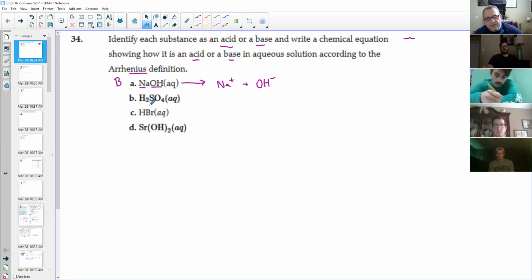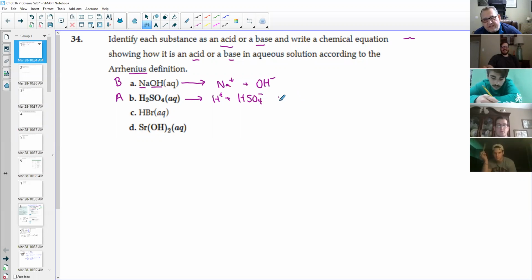If we look at the next one, H2SO4, this is one of the ones I told you you would need to know the nature of. That's sulfuric acid. That's a common acid. So sulfuric acid actually has 2 protons that could come off. It loses the first proton and forms the HSO4 minus. That's called the bisulfate ion.